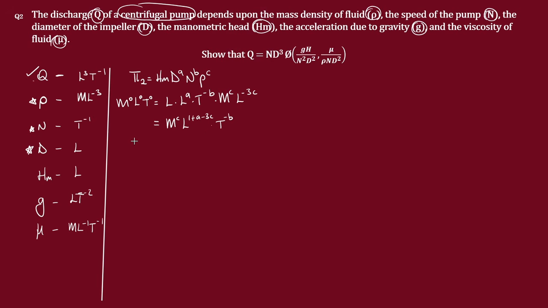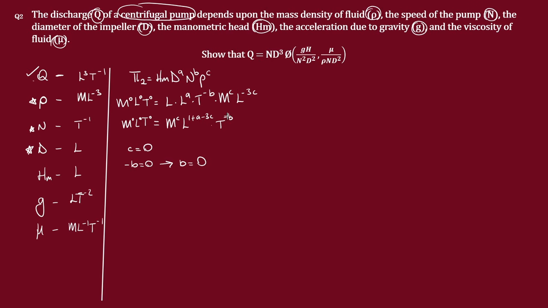Okay? So M^0, L^0, T^0. So let's equate the variables. So c is going to equal 0, and minus b is equal to 0, meaning b is equal to 0. So we can just compare this with the appropriate term. Look, M is here, raised to power 0, and this is the only M term.